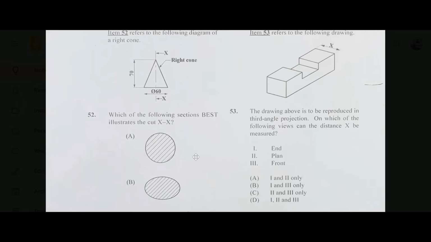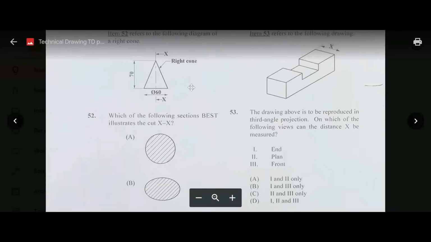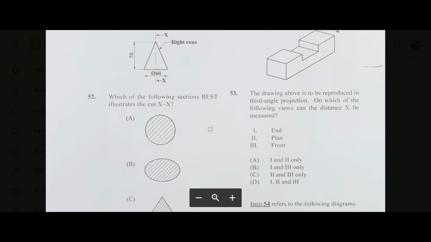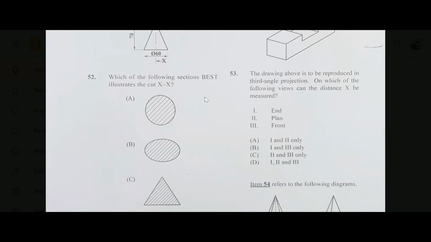Number 52. So we have a cone here, a right cone, and it's cut down the center, cutting plane XX. So the question is, which of the following sections best illustrates the cut XX?